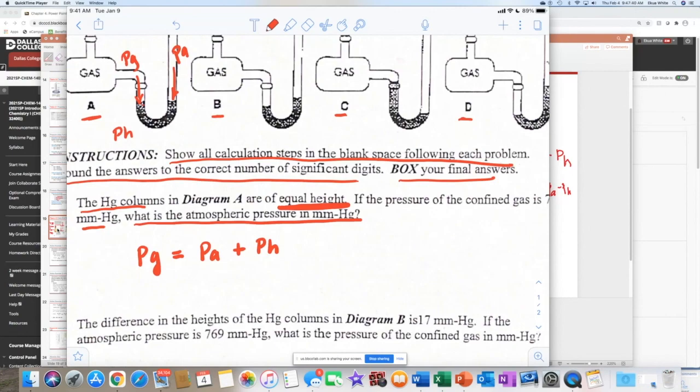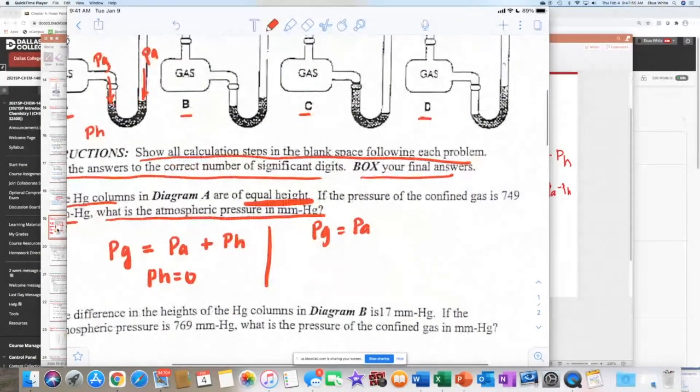I'm like, no, we're equating the height here to the pressure, right? So essentially, pH equals 0. So then we conclude what they said, Pg equals Pa. So telling you the pressure of the gas, Pg, is equal to 749 millimeters of mercury. If that's the case, what is Pa?